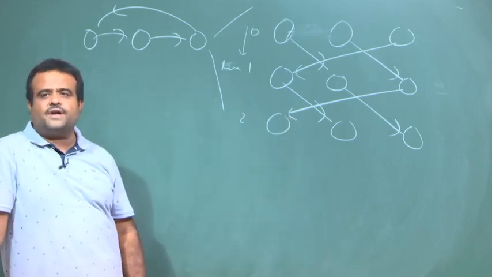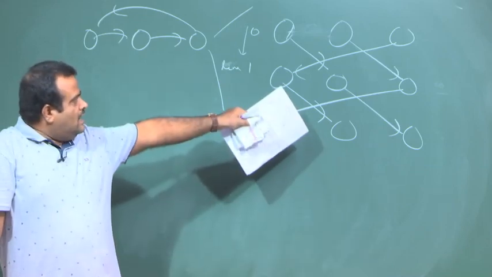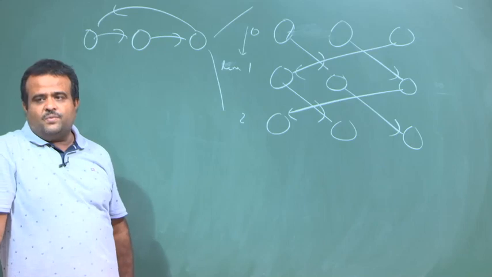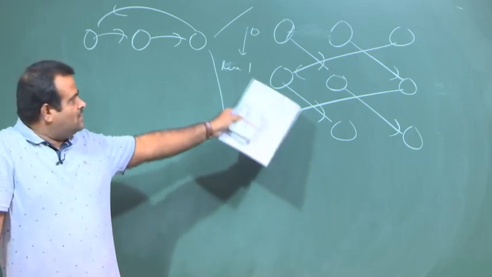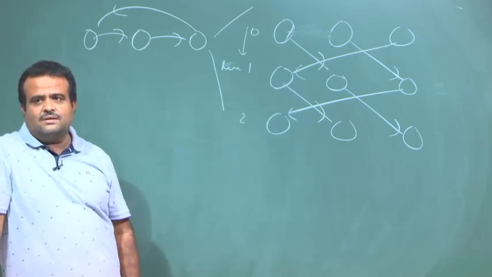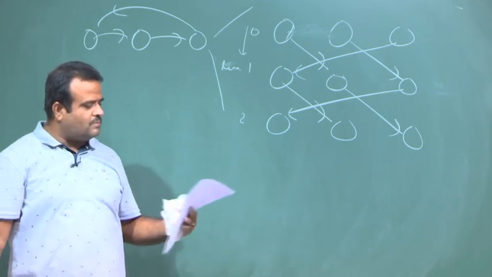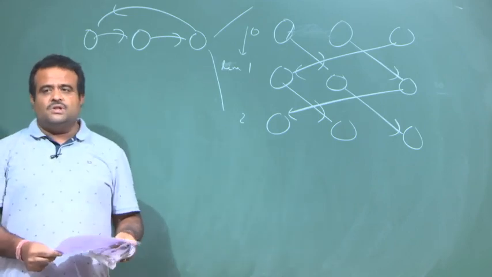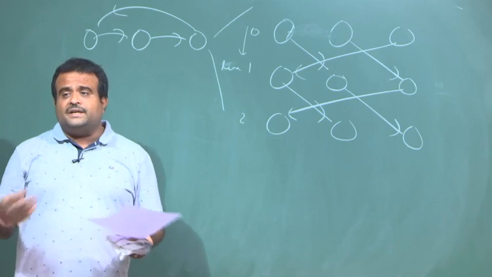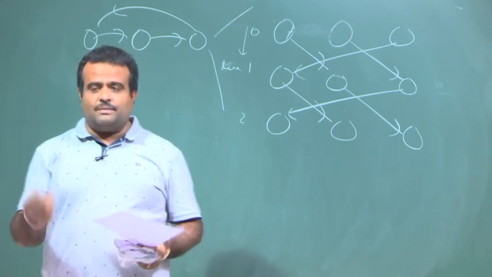Now, we will apply this memoized DP to get the shortest path on this graph. But what is the problem with this approach? The problem is that it increases the number of vertices.